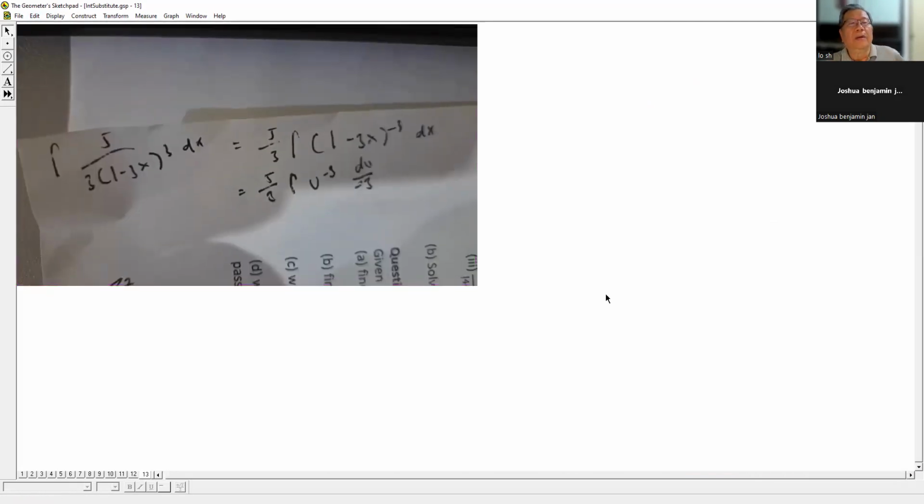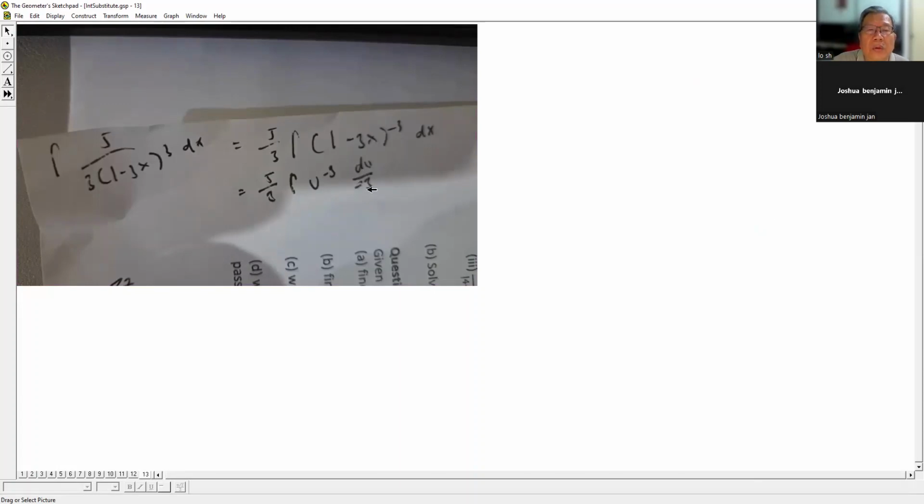Okay, right. So this 5/3 you don't integrate. This whole thing is your u, right? So it becomes u to the power of -1. Then du equals -3 dx, so dx equals du over -3. This is correct. So all this is correct.